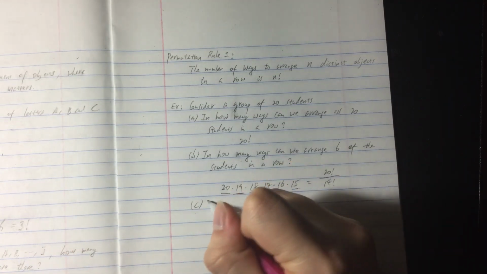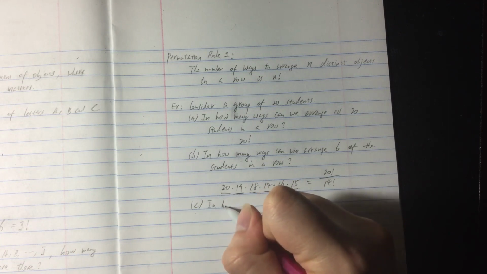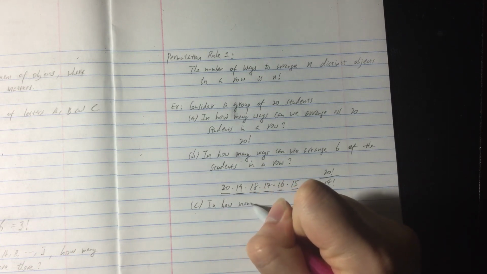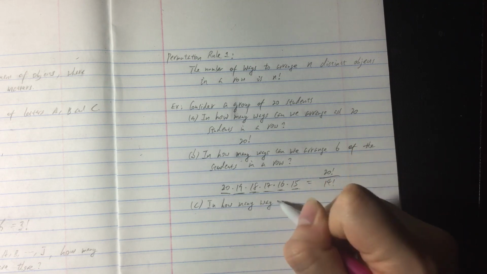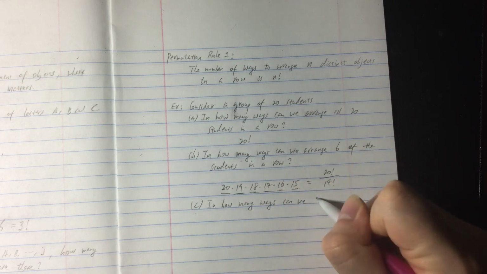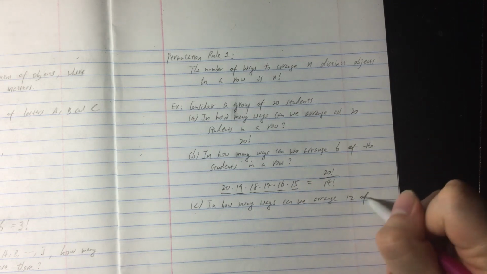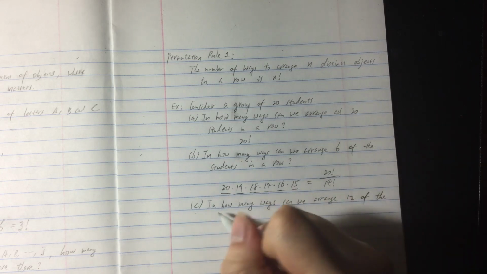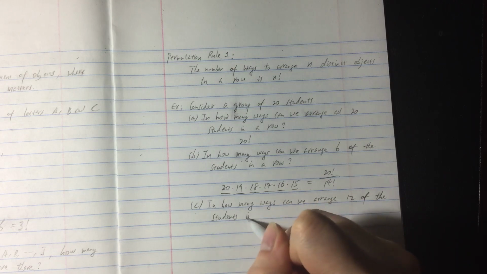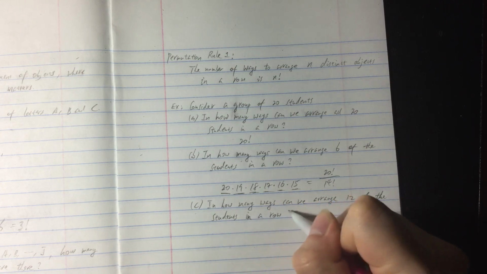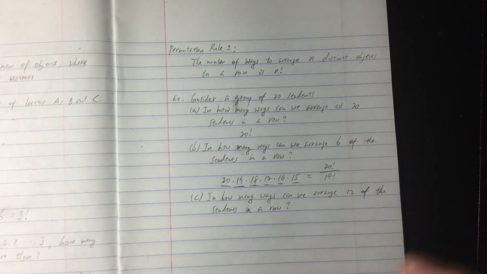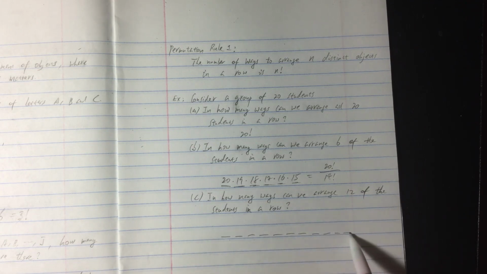Part C. In how many ways can we arrange 12 of the students in a row? 1, 2, 3, 4, 5, 6, 7, 8, 9, 10, 11, 12.